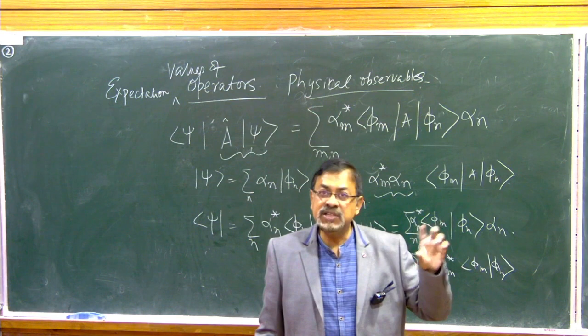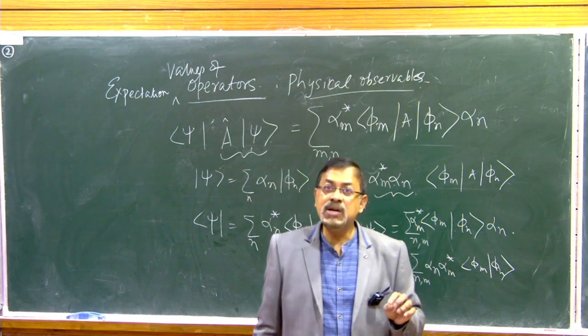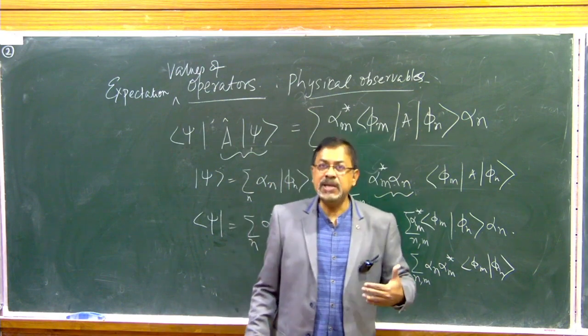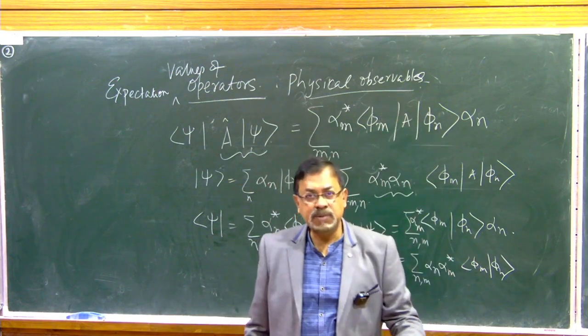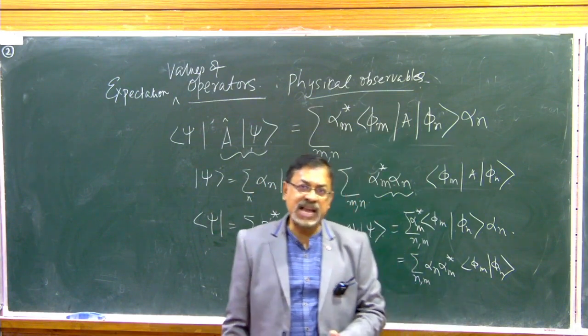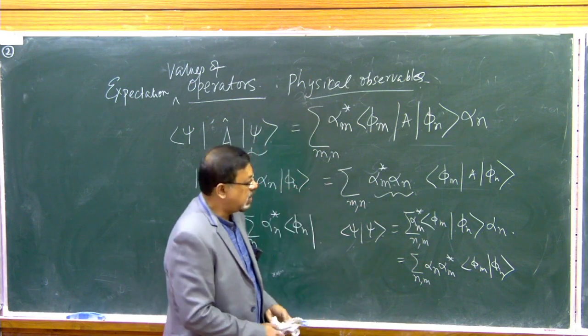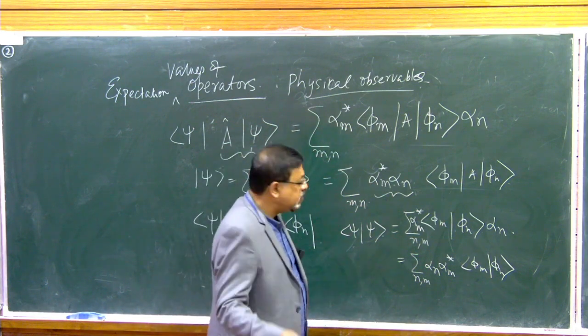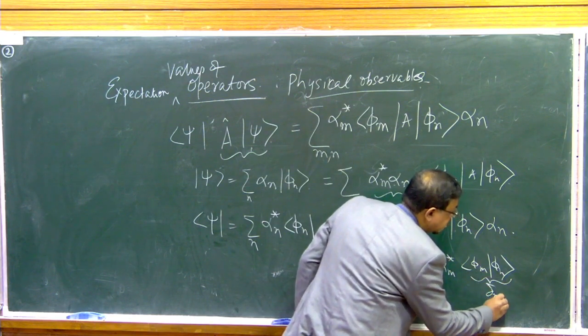So each of the states of the cat should be orthogonal to each other. Orthogonal means that if this is happening, then the other one will not happen, or any of the other ones will not happen. And if something else is happening, excepting that, all the others will not happen. Okay, so which means that this is equal to a delta function which is written as delta nm.